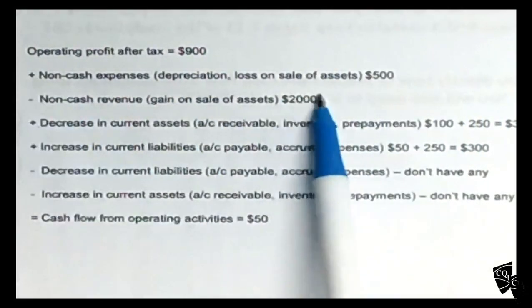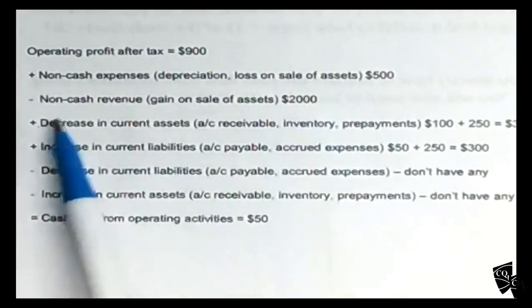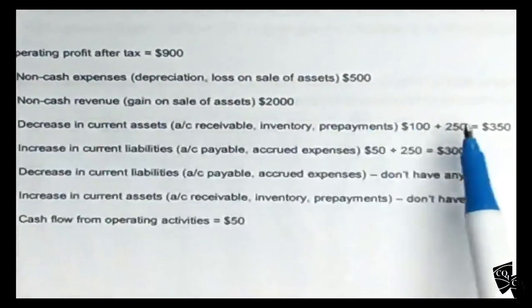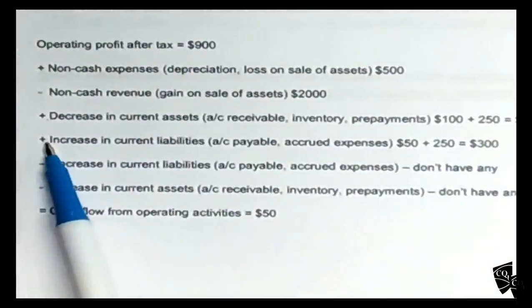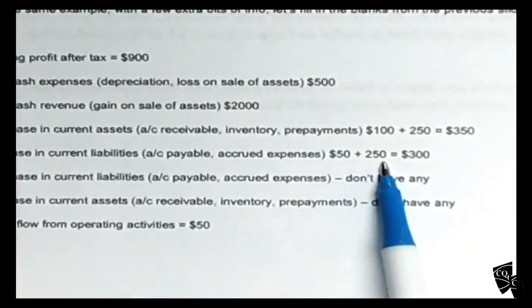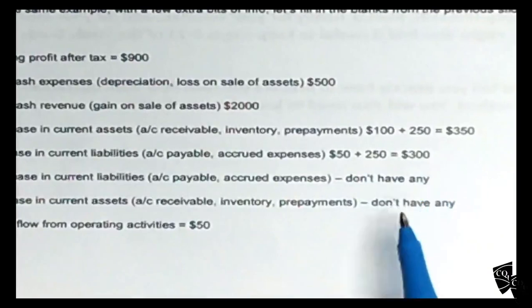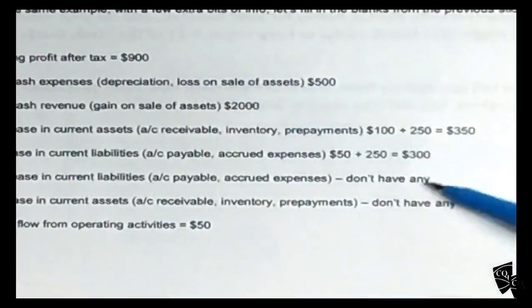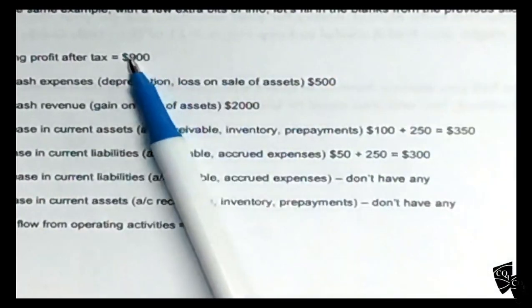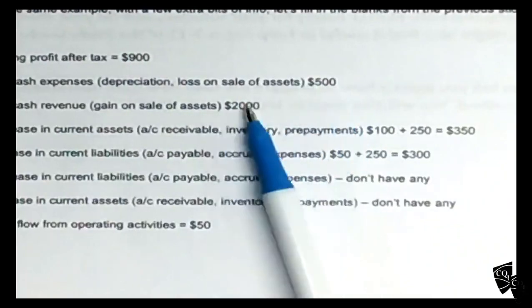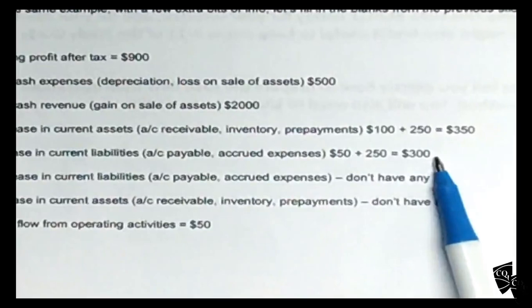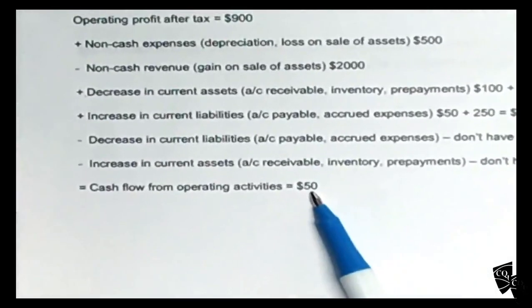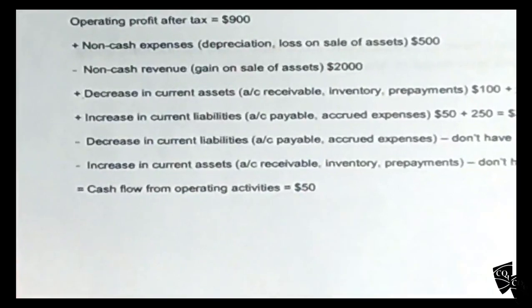Take off our gain on sale of assets of 2,000. Add the 100 and the 250. Add the 50 and the 250. We didn't have any of these. So when we put all of those into our calculator, 900 plus 500 minus 2,000 plus 350 plus 300, we should get back to our cash flow from operating activities of 50.